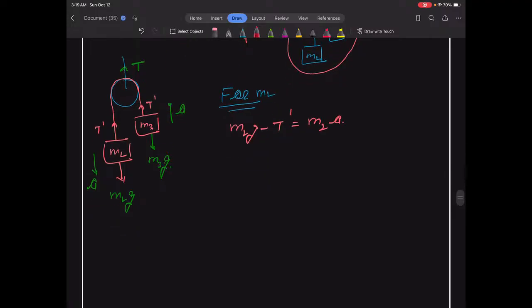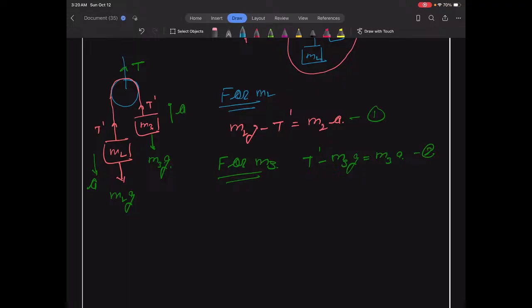Similarly, we can write for m3, which is moving in the upward direction: T prime minus m3g is equal to m3a. Let us call this equation number 1 and this equation number 2.